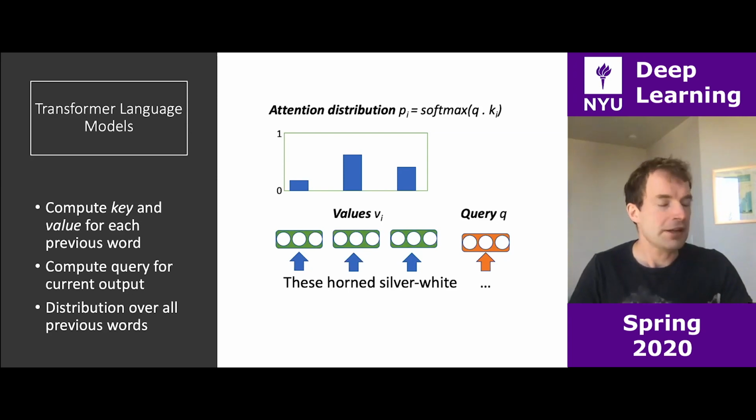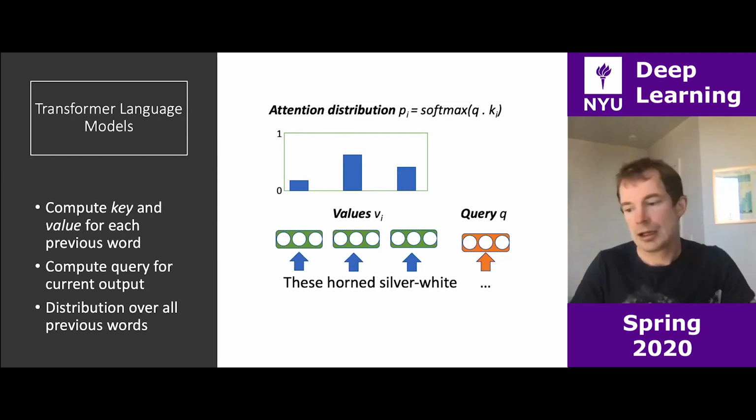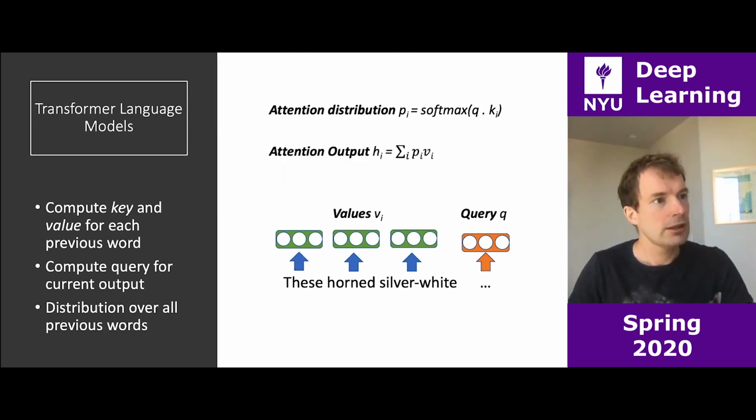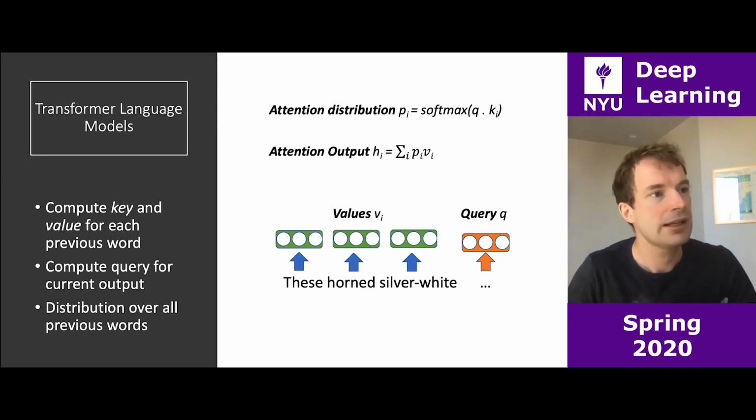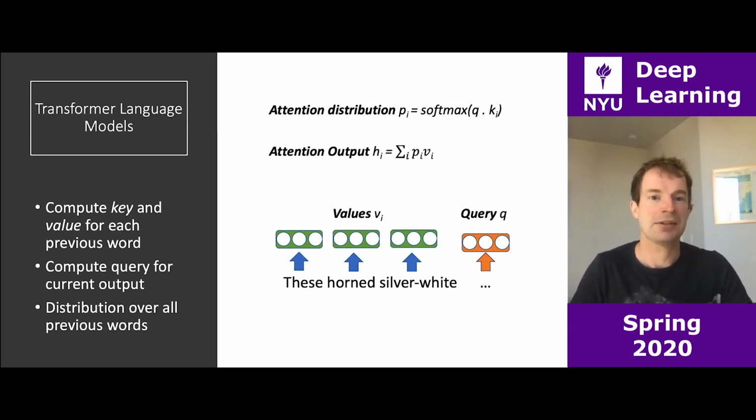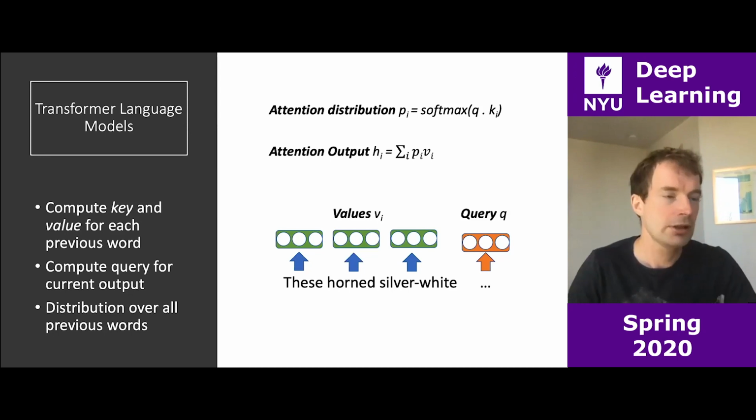We're also going to compute this other quantity called the value. And we'll do that for all the previous words as well. And maybe the value will tell you something slightly more about what the content of the word is. And then we're going to compute this hidden state by basically marginalizing out the attention distribution.